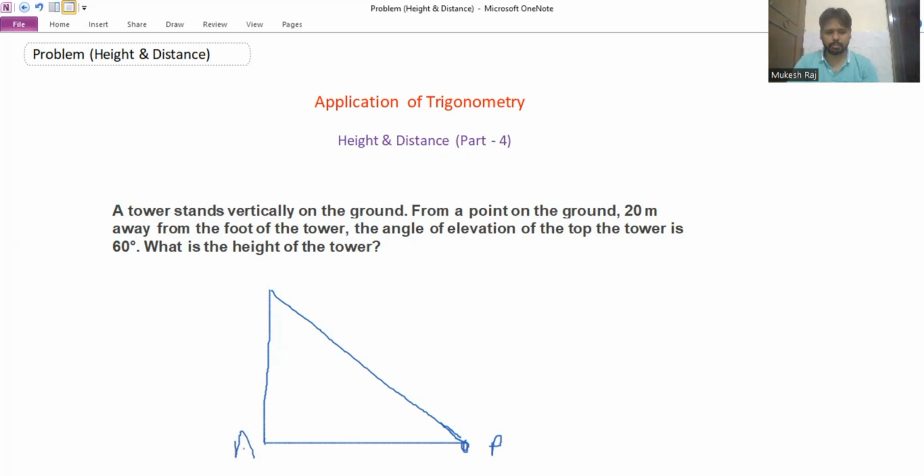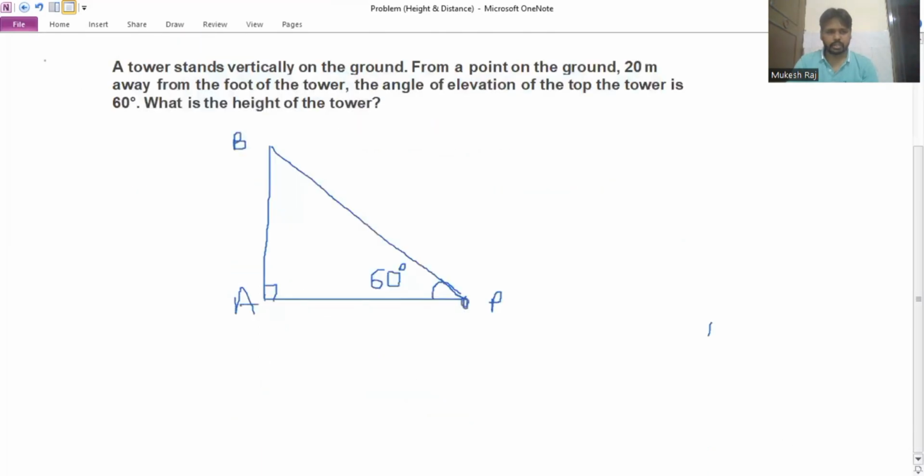Let us assume that the foot of the tower is A and the top of the tower is B, forming a 90 degree angle at the point A. As per the question, at point P the angle formed is 60 degrees, and the distance between the foot of the tower and the point is 20 meters. So this is how we depict the entire problem.